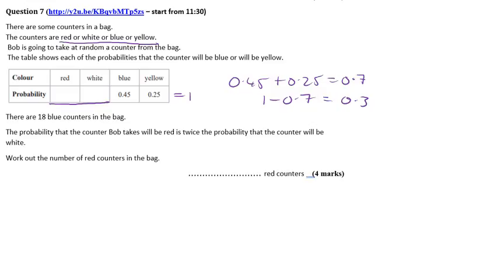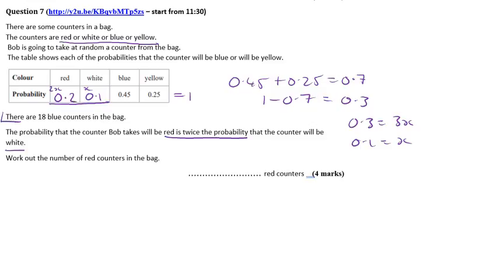Now, we're told the probability that red is taken is twice the probability that the counter is white. So this is going to be 2 times the probability of this. So we've got to split 0.3 is equal to those 3x, and hopefully you can see nice and easily that that means the probability of white will be 0.1, the probability of red will be 0.2.